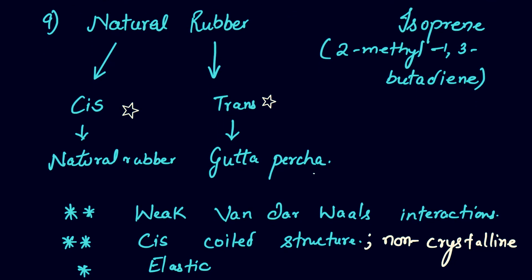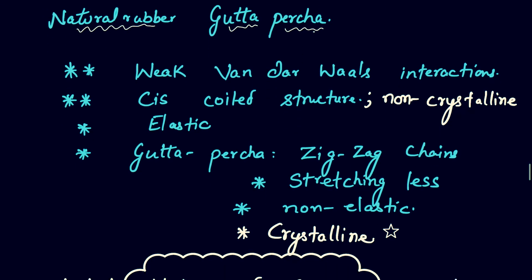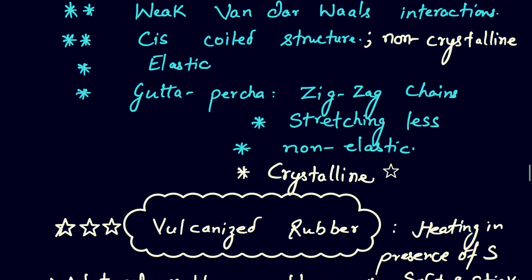Our next polymer is natural rubber. Its monomer is known as isoprene, which is basically 2-methyl-1,3-butadiene. What's important to note here is that natural rubber consists of cis form, while if this monomer is attached or polymerized in trans form, it is known as gutta percha.